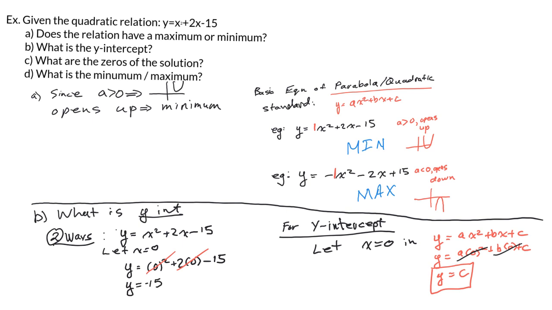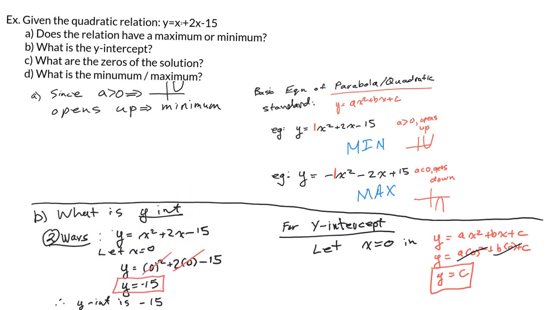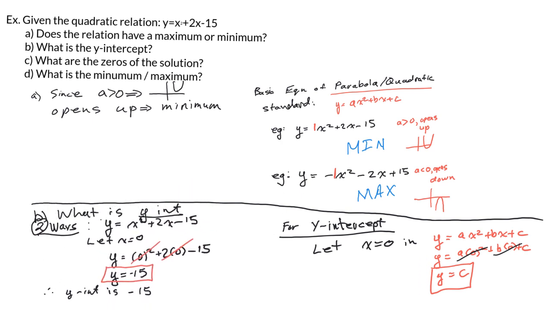Sorry, negative 15. Right? So you would say your y-intercept is negative 15. Okay, now if you wanted to, you could say this, or you could give the point. 0, negative 15. And there we have it.